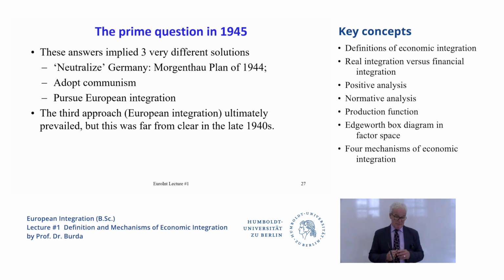That was embodied in an actual plan that didn't get implemented. And the second one was to go for the communist approach. Means of production, centralized, that's the way to solve the problem. The final approach, which was adopted, was maybe we need to get Europe on the same track in terms of economic development, openness, and this might be a way of preventing conflict.